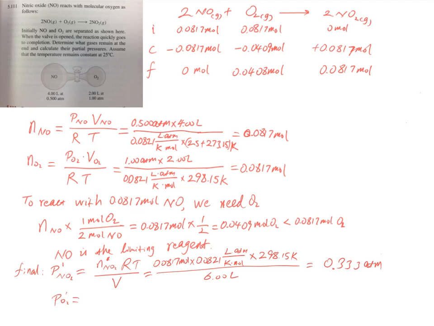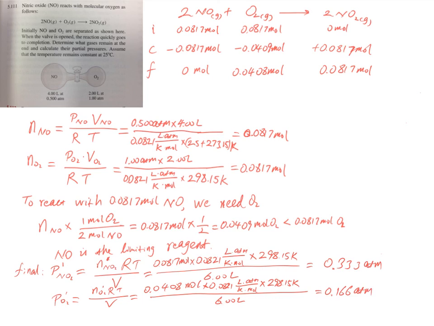And for oxygen, the mole number of oxygen remaining times RT over V, we have 0.0408 mole times 0.0821 liter atmosphere over Kelvin mole times 298.15 Kelvin over 6.00 liter, which gives us 0.166 atmosphere. Okay, that's the end of the problem.